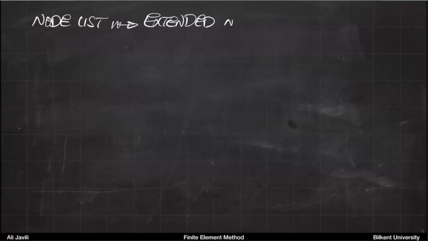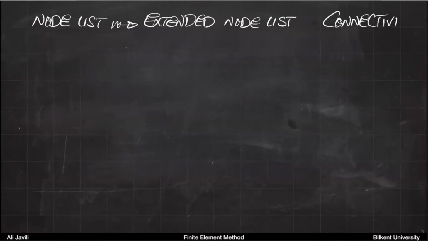But the information, the connection between the nodes, is not there yet, and we call that connectivity. So we need to also store something else that we call connectivity.